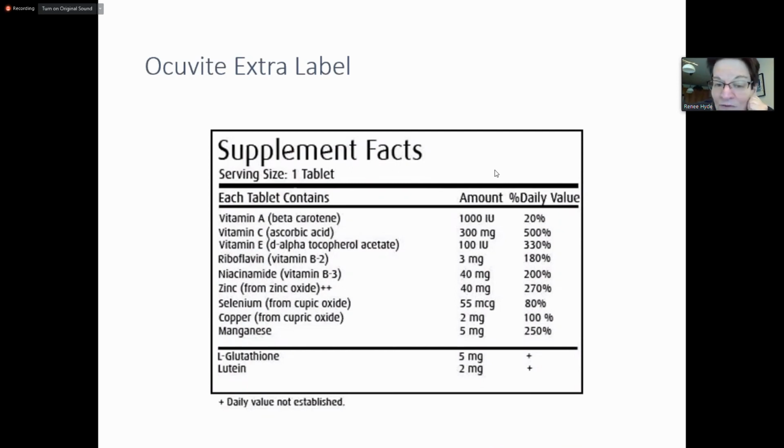And in fact, they don't recommend people that don't have AMD take these because of the higher level of vitamin A. Remember, vitamin A is one that you can become toxic on. The other thing is these things are expensive as all get out. Ocuvite is probably triple the cost of a regular multivitamin. And so it is expensive to take these pills.